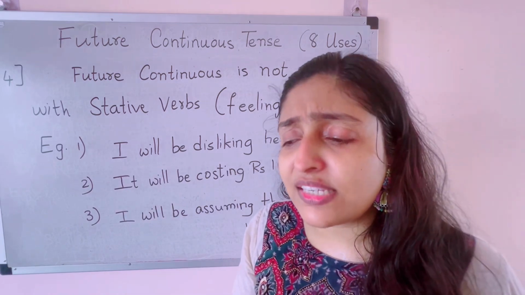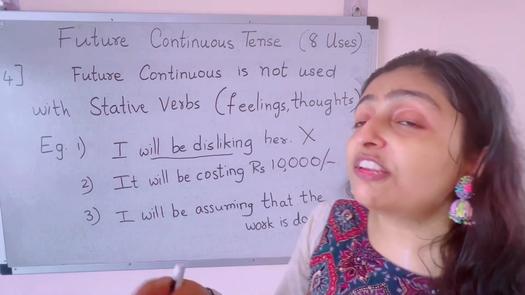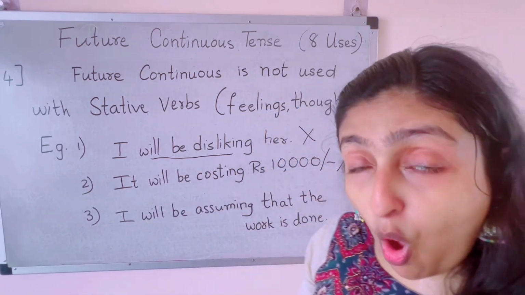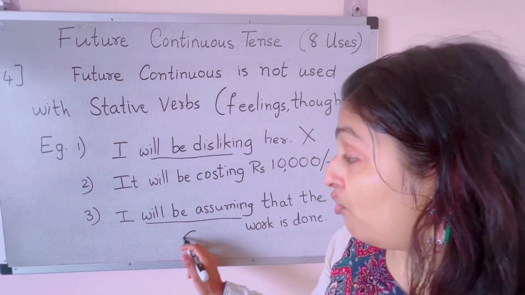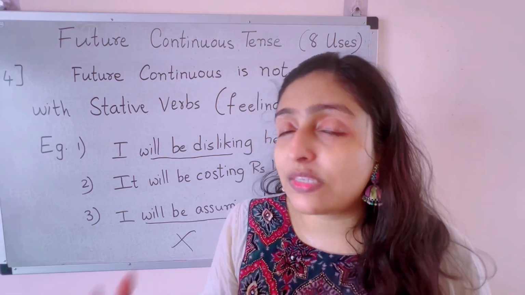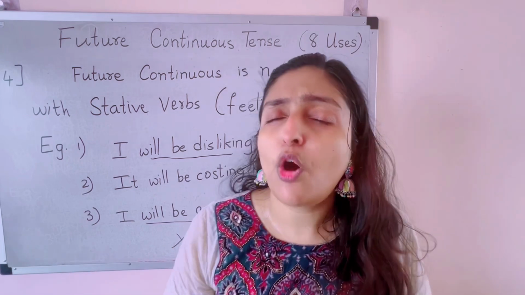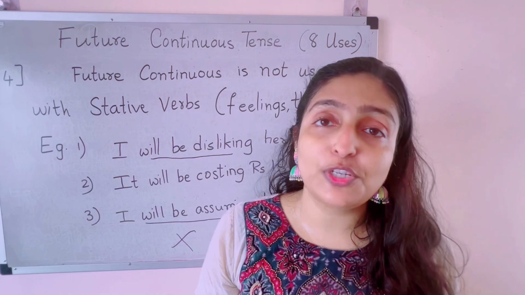I will be disliking her. This is wrong. It will be costing rupees 10,000. It is wrong. I will be assuming that the work is done. Wrong. So mostly in such cases with stative verbs, we do not use future continuous or any tense in continuous form. Let's move on to the next rule.